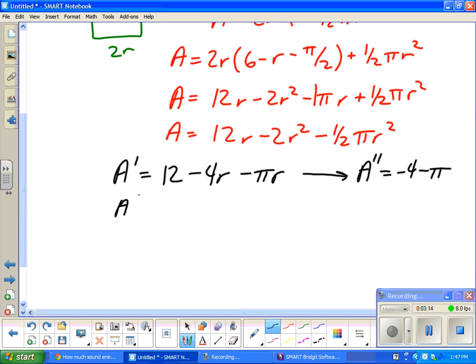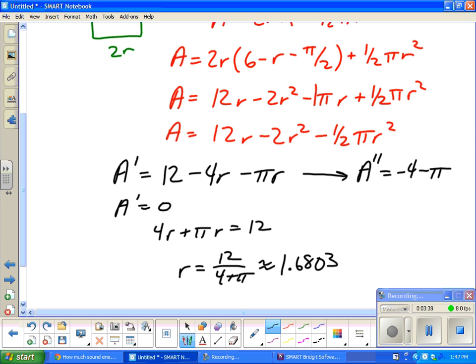So I'll set A prime equal to 0. And I can write 4r plus pi r equals 12. So I can solve for r, 12 over 4 plus pi. I can use my handy-dandy calculator here, and I can say this is approximately, to 4 decimal places, 1.6803.